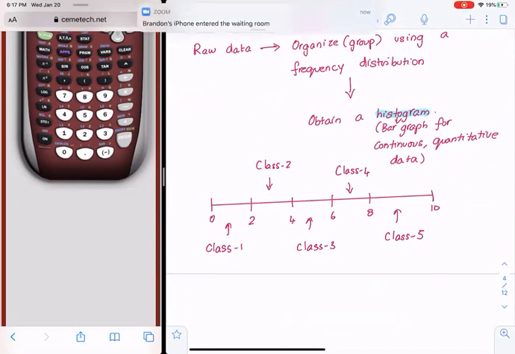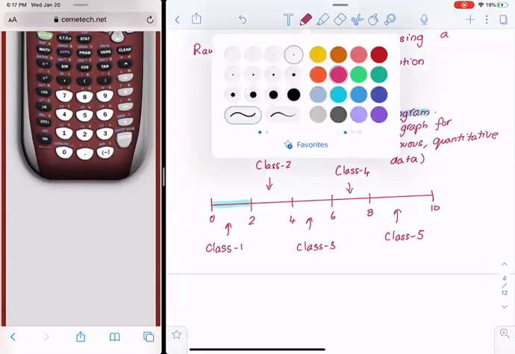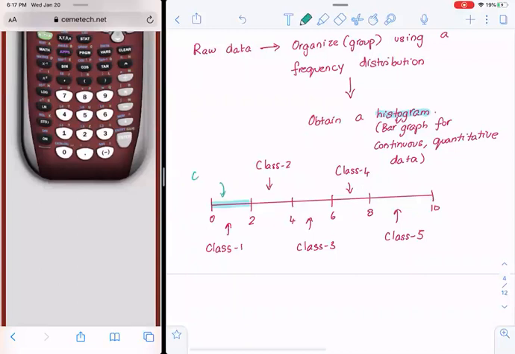Here, the class width is simply 2. So the width of the class is 2. I arbitrarily picked a class width of 2, and the number of classes ended up being 5.